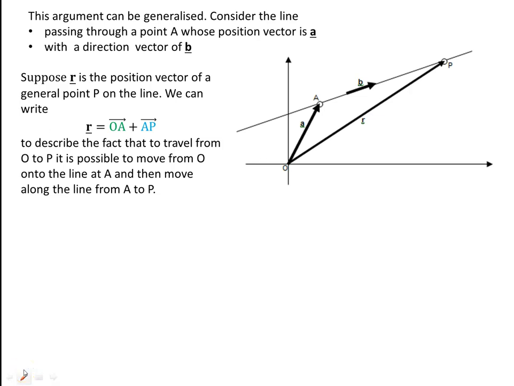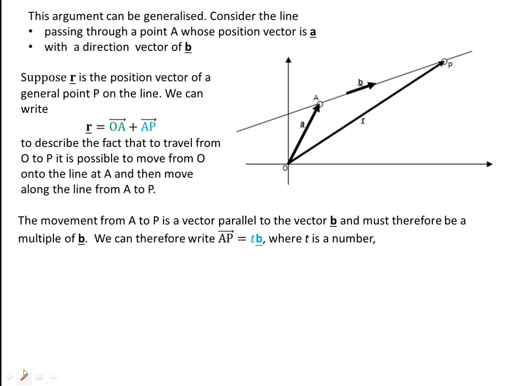Now the movement from A to P is a movement along the line, and therefore must be parallel to the vector b, so that we can say that the movement A to P must be equal to t times b, where t is just a scalar number.